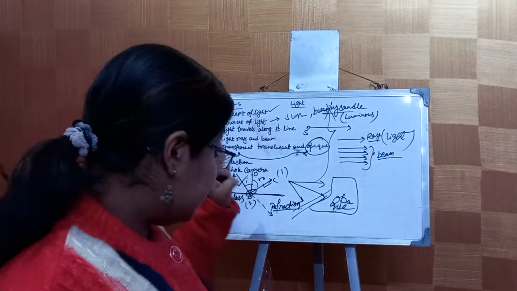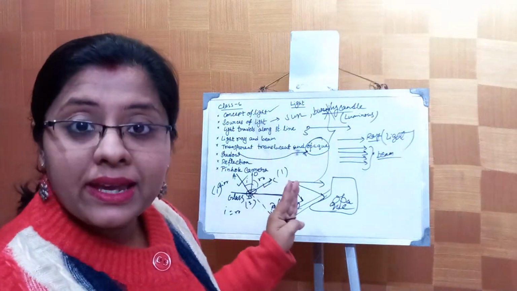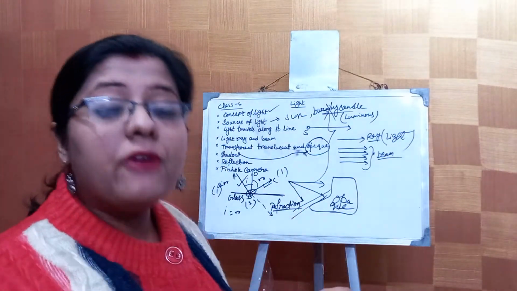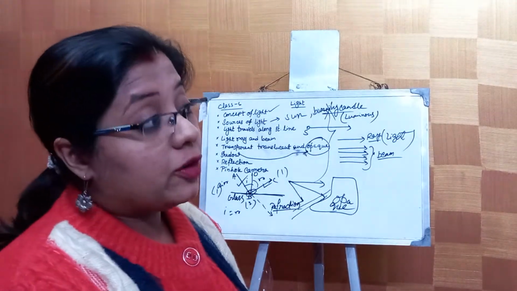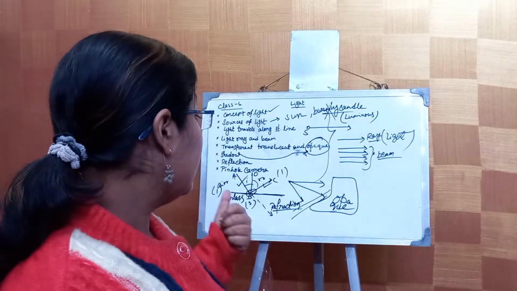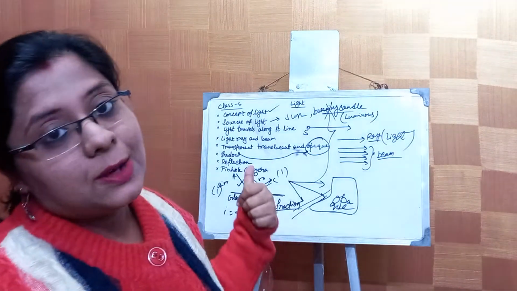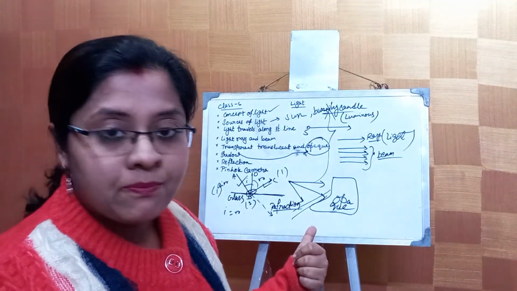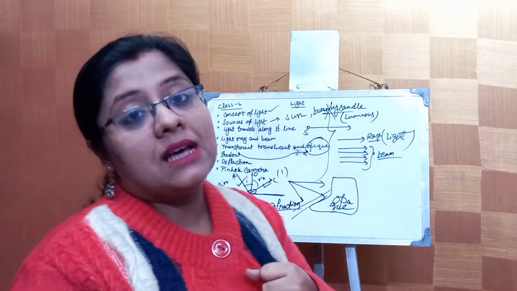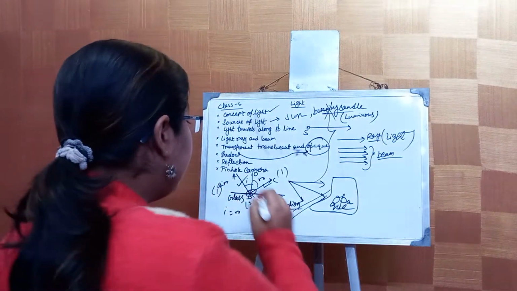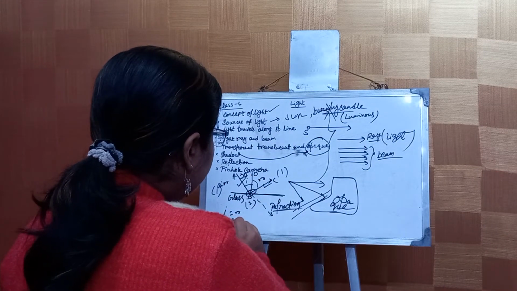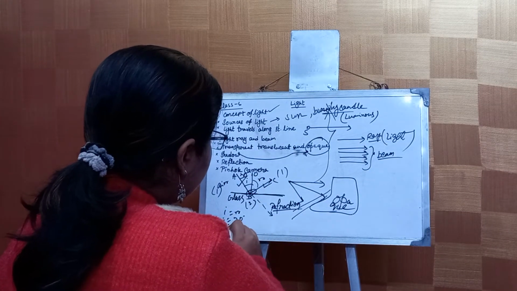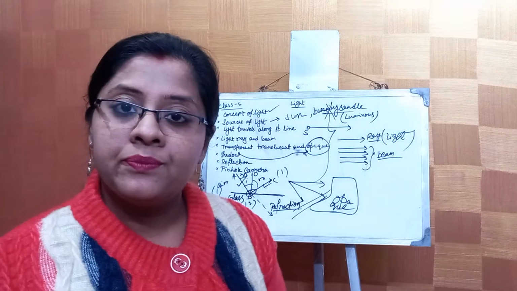Perpendicular is standing straight. Why? Because with the help of the perpendicular you can measure I, you can measure R, angle of incidence and angle of reflection. So these are the two laws. If the angle of incidence is 30 degrees, then the angle of reflection also will be 30 degrees.